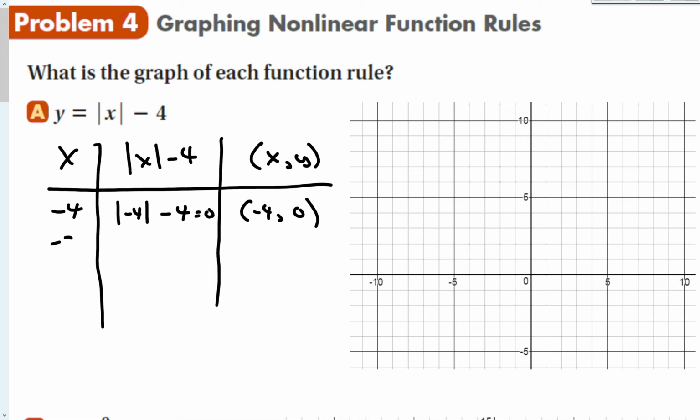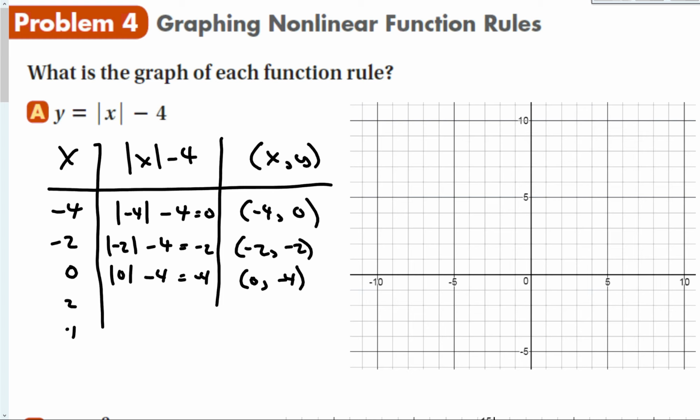Okay, let's plug in -2. So that's the absolute value of -2 minus 4, which is 2 minus 4, which is equal to -2. So that's -2, comma -2. Well then, let's plug in 0. Absolute value of 0 is 0, minus 4 gives me -4, so there's my next point.